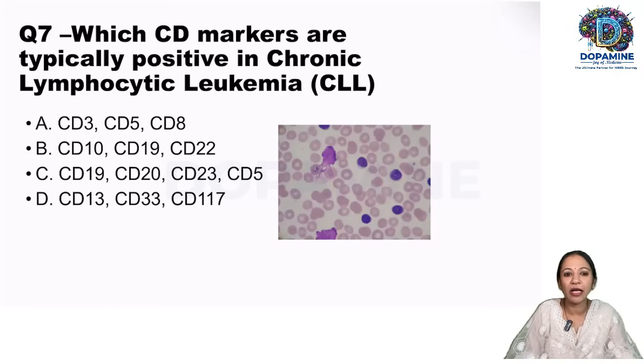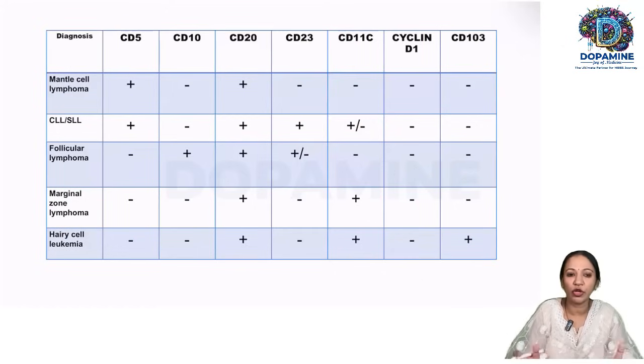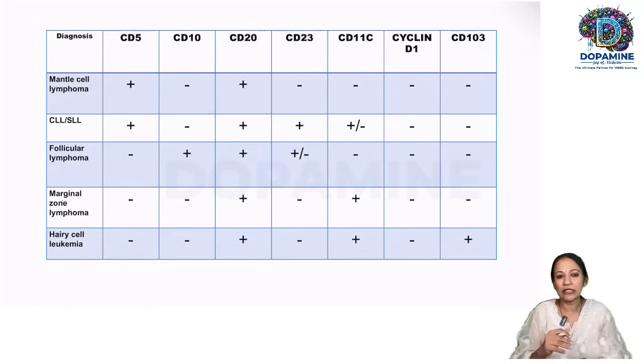Which CD markers are typically positive in CLL, chronic lymphocytic leukemia? Again, we have discussed this particular question so many times. We have our favorite. See, what is this particular cell here? It is the smudge cell. So we have our favorite chart. I'm sure all of you have pasted it in your study table.